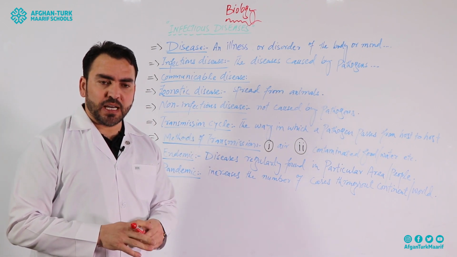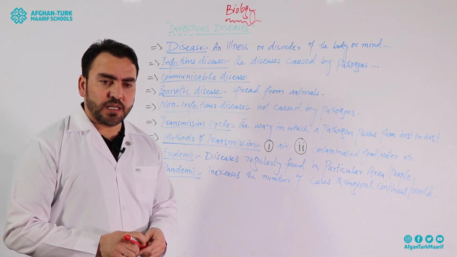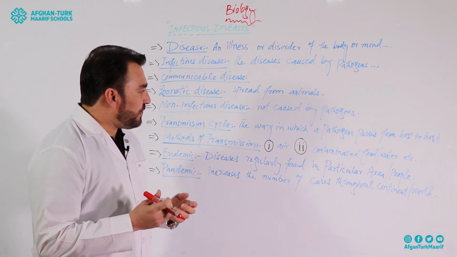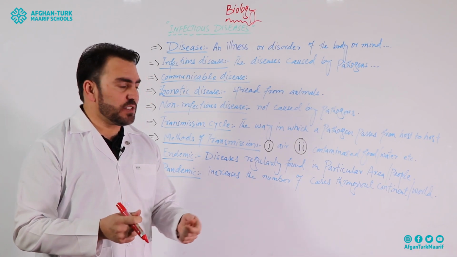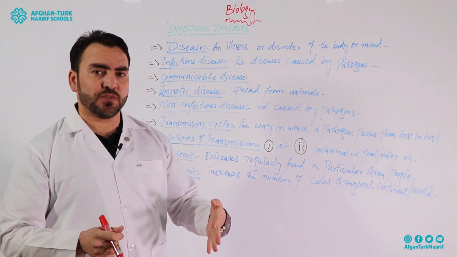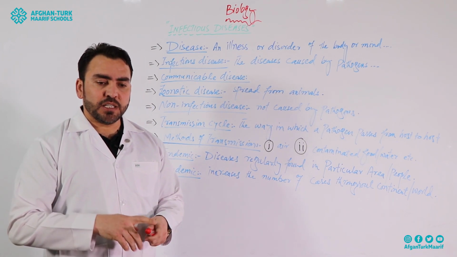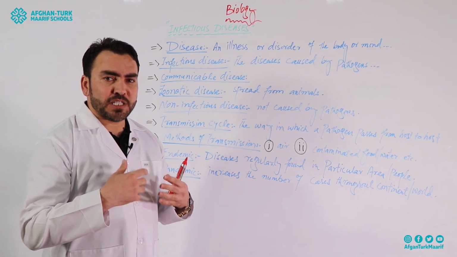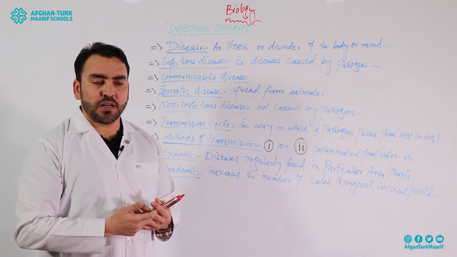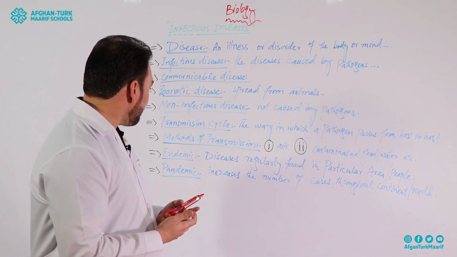Coming towards another terminology, transmission cycle. Transmission cycle may be defined as the way in which a pathogen passes from one host to another. For example, if one person is infected with a disease and this disease is transmitted to another person, this is called the transmission cycle.